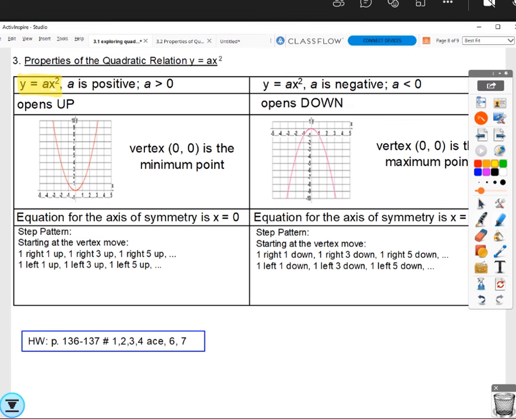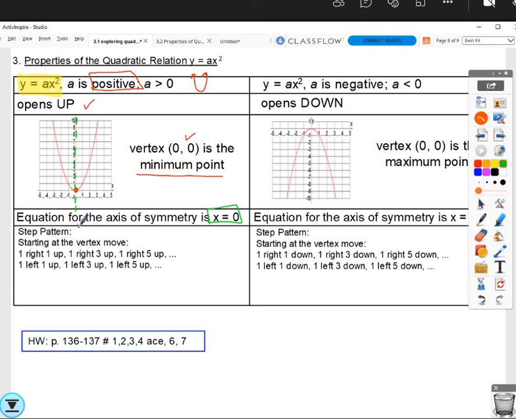Now, if that A value is positive, this thing's going to be smiling, right, because it's happy. So we know that it opens up. The vertex will be 0, 0, and it's also that minimum point. It's the lowest point because this thing is smiling right there. The equation for that axis of symmetry is x equals 0. Of course, it's right on the y-axis.